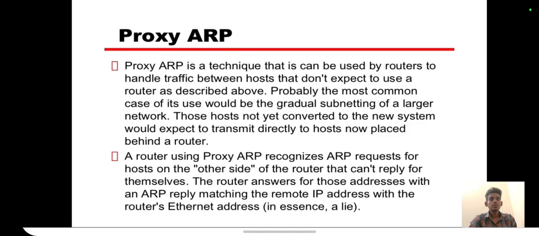A router using proxy ARP recognizes ARP requests for hosts on the other side of the router that cannot reply for themselves. The router answers for those addresses with an ARP reply, matching the remote IP address with the router's Ethernet address, in essence a lie.